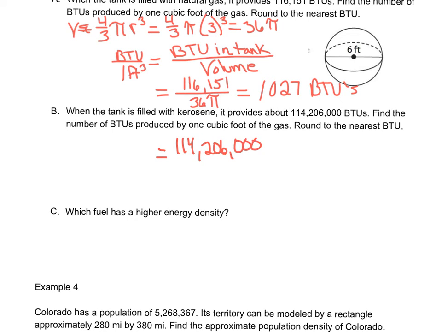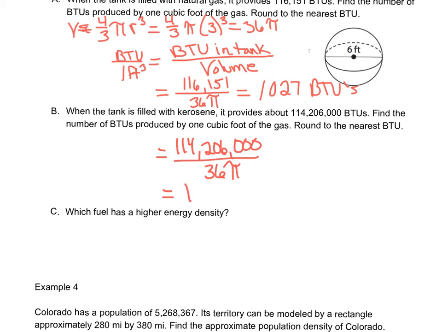Now, if we do the same thing with part B, and we do kerosene, we get 114,206,000 over 36 pi, which gives us 1,027 BTUs. Whoops. I'm sorry, I was looking at the wrong answer. I was like, how in the world did that end up the same number? It can't possibly be right.